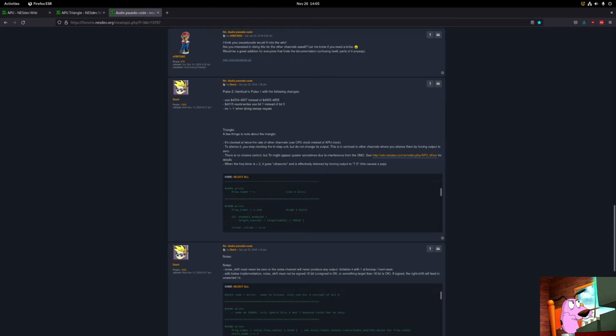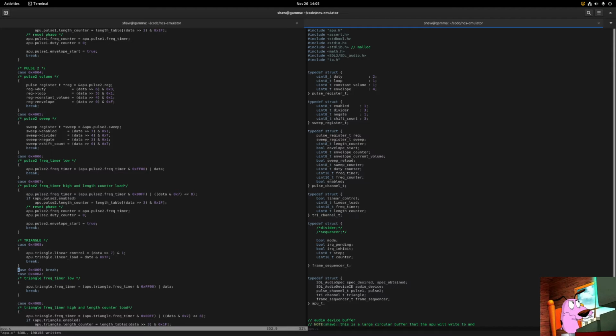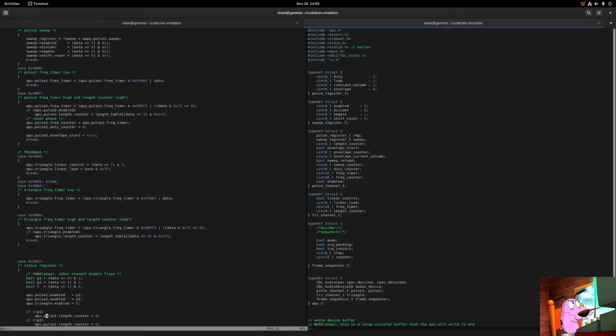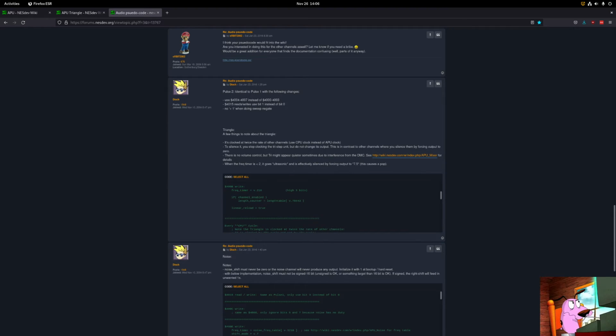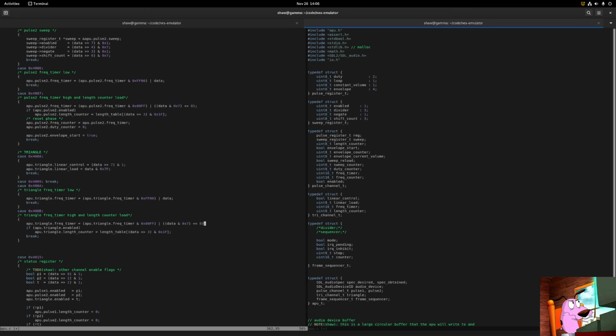Frequency timer. Yeah, we did that. Wait, 9. Right, 9 does nothing. A does the low. B does the high. And then if it's enabled, length counter gets the value from the length table.